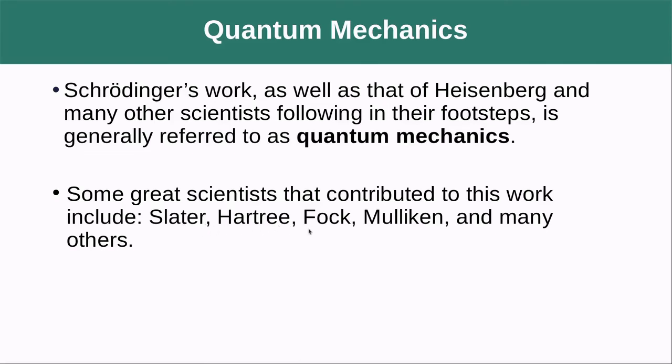There was a guy named Hartree who developed a method for both calculating those orbitals and figuring out some of their energies. Fock worked on Hartree's work to perfect it a little bit more. Mulliken did a lot of really interesting work. He was working well up into I believe the 60s on spin-spin coupling and a few other things, more complex electron-electron interactions. And there are still many people working in this field today.